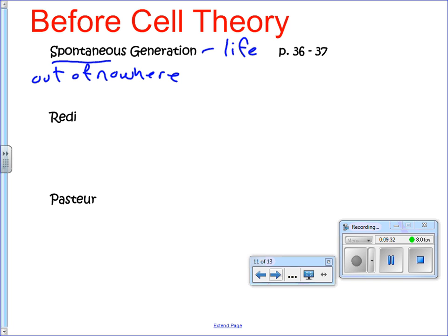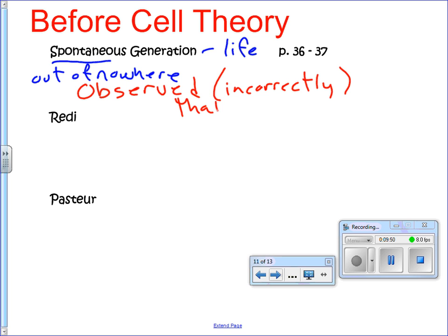Because that's what they observed to happen. They didn't see the microscopic things, and so they observed, incorrectly, of course, that life came from non-living.